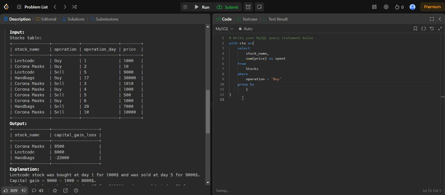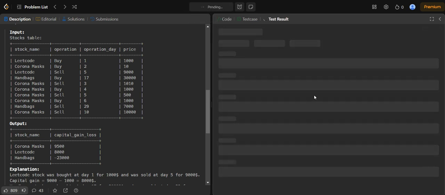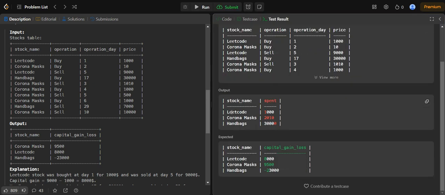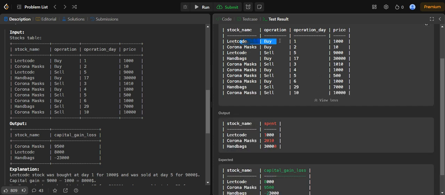Let me show you what this table will look like. Let us run this. In the input table, Leetcode was bought once for 1000.